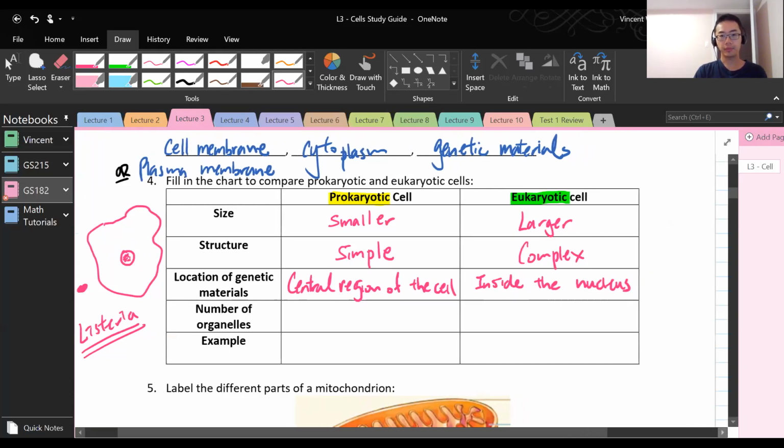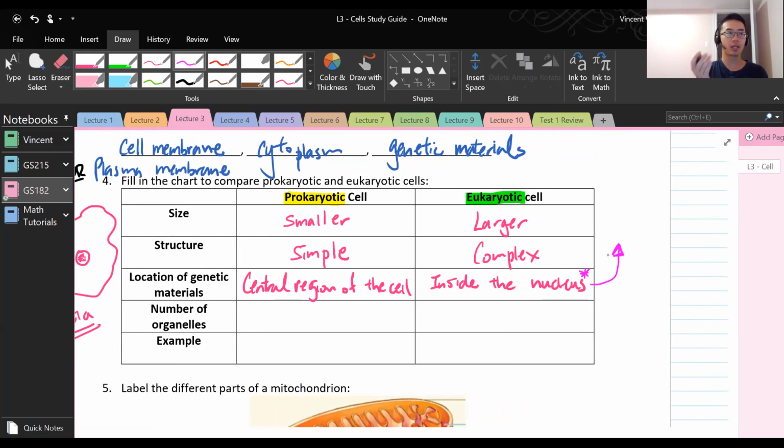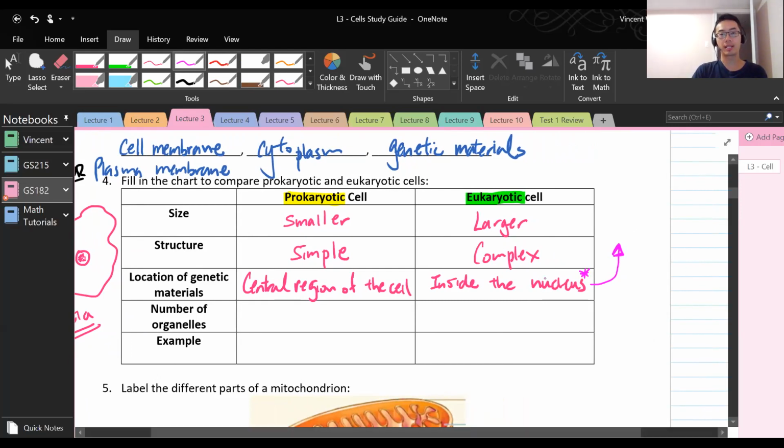Now, I have to give you a little bit of a heads up. Just want to check to see if you're all with me. What are we made up of? Are we made up of prokaryotic cells or eukaryotic cells? Eukaryotic. We are made up of eukaryotic cells.